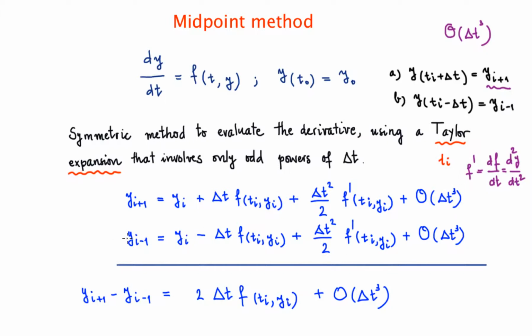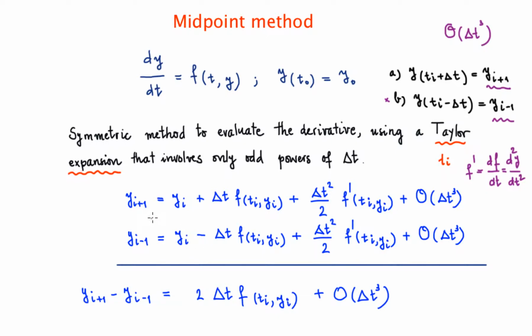As a next step, we are going to do the same, but here we are going to use the Taylor expansion in order to have an expression for y evaluated at time i minus 1, which is the one we have here. So we have the same expression as the one above, but the only difference is that in this case delta t is negative, as we are going backwards with respect to ti.